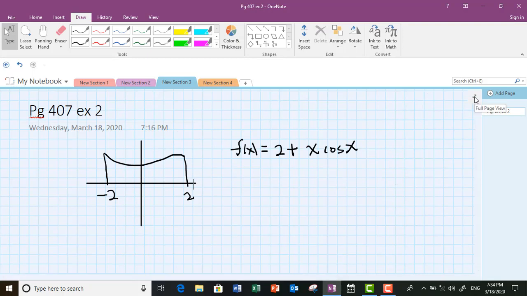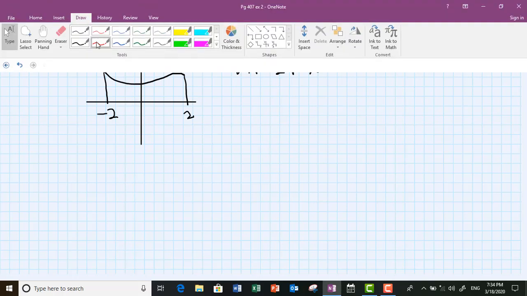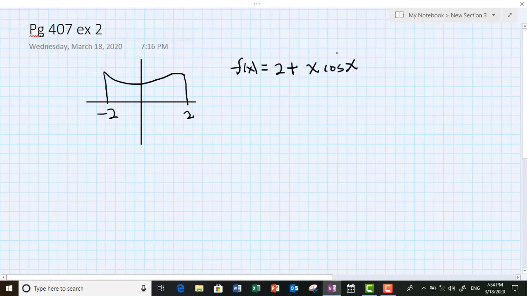So let's do an example here. This is example 2 from page 407 in your textbook. The area bounded by f of x equals 2 plus x cosine x, and x equals -2, and x equals 2, and the x-axis is revolving about the x-axis.